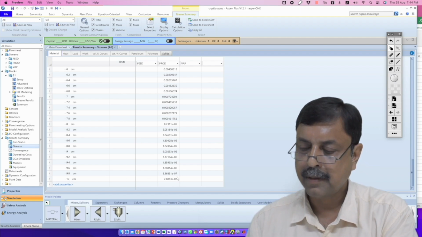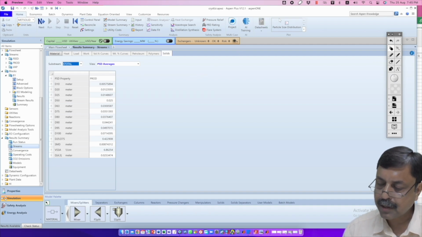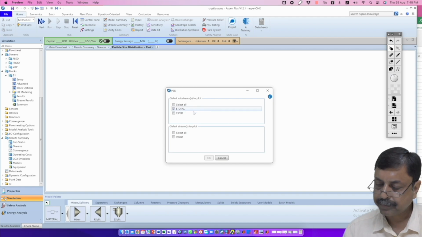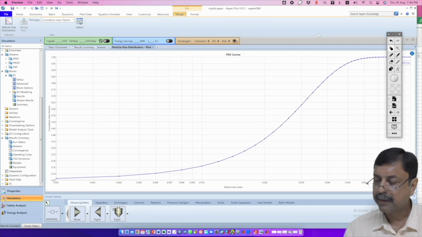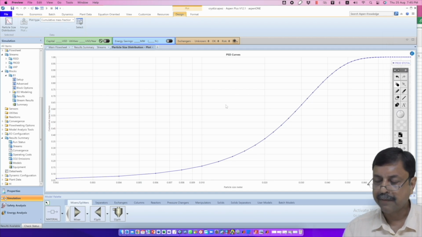It's like this. So if you want to see the particle size distribution, you can watch over here. Press OK. So this is the particle size distribution we have.